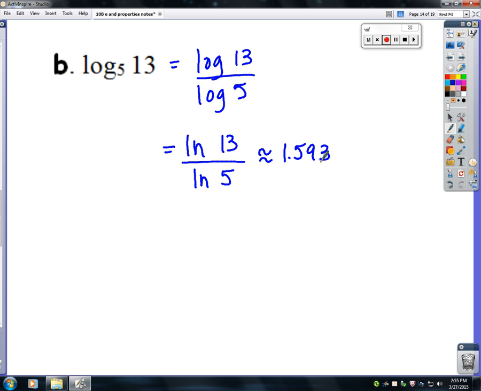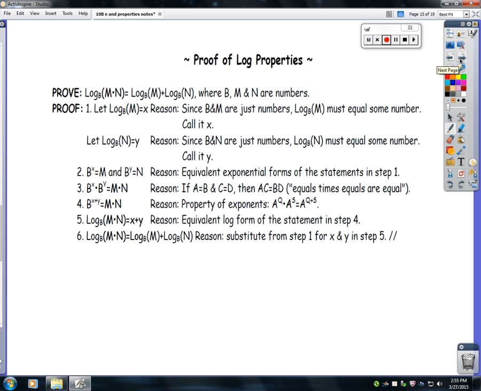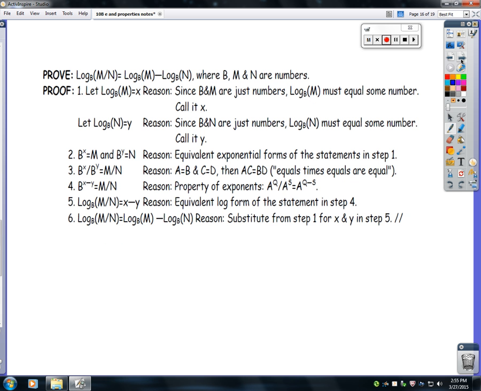All right, here are those proofs I promised you. Please pause your video if you want to look at them in more detail. So this is the proof of the product property. Here's the proof of the quotient property.